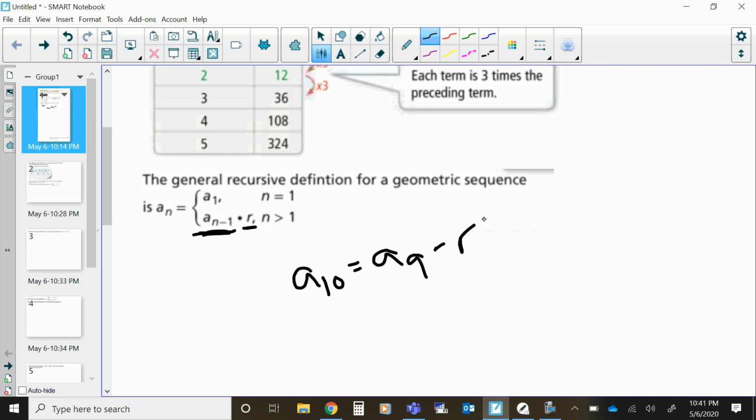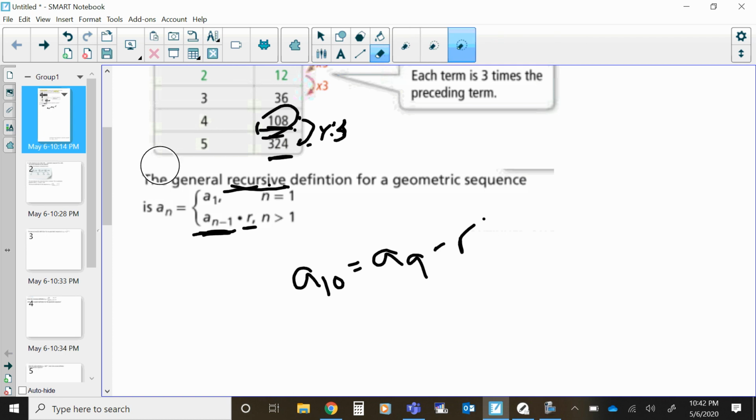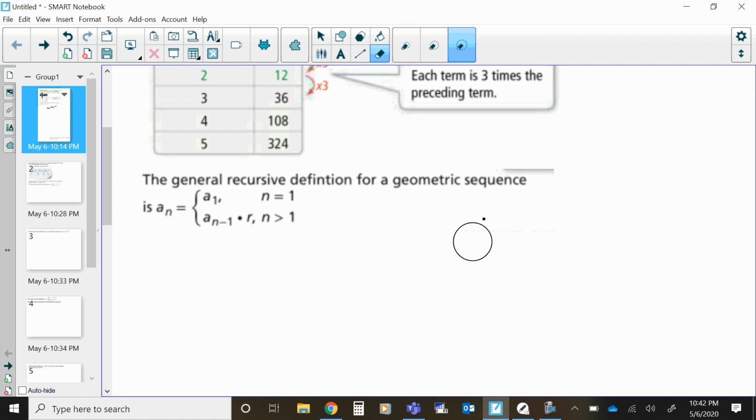For this example up here, I would multiply by 3, and that's how I would get to the next term. That's called the recursive. We've done this before, now it's with multiplication, so this should look familiar.